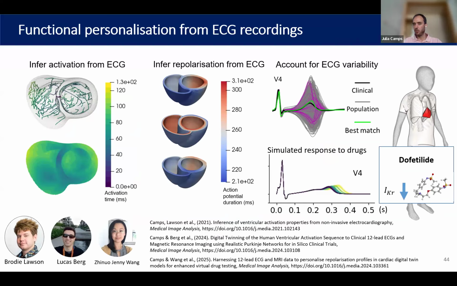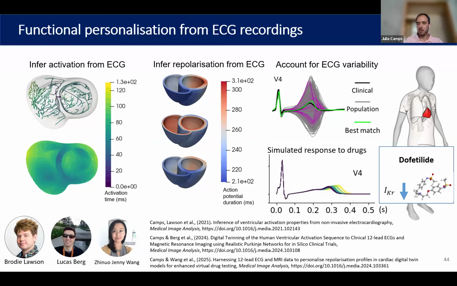And the cool thing about this is that because we use the dictionary of action potentials, that dictionary was built using biophysically detailed action potentials, which means we can already evaluate the drug effects directly on this, even using this eikonal fast model.